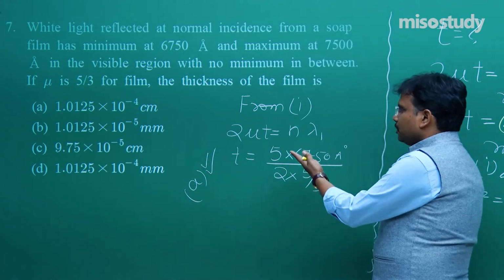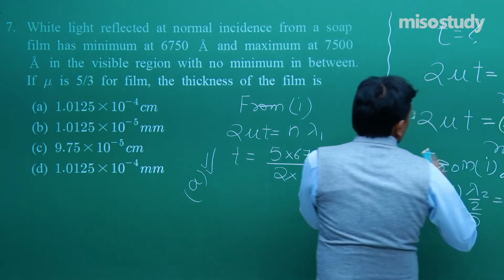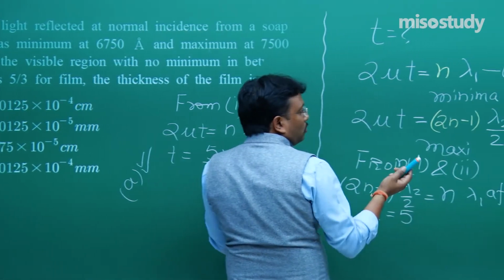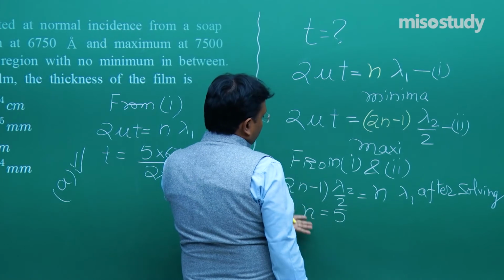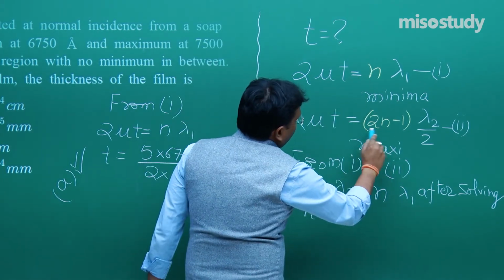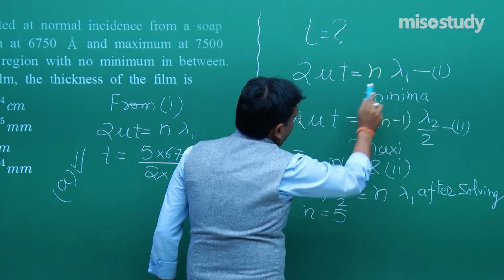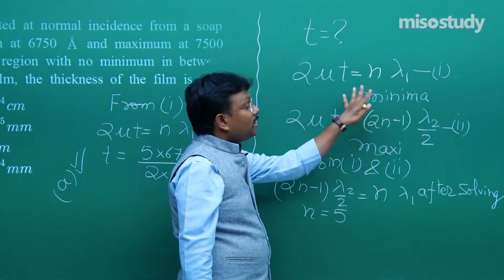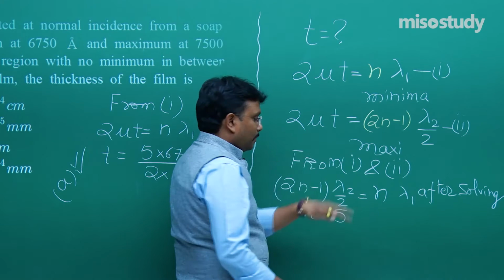Simple calculation is now remaining. You can use formula number 2 also or 1 also. Ultimately, by solving these, we tried to find out the value of n. That is why I marked this term with a different yellow color, because it is our target.